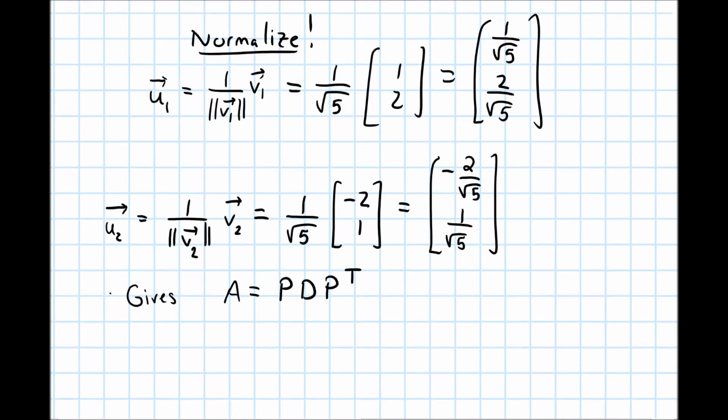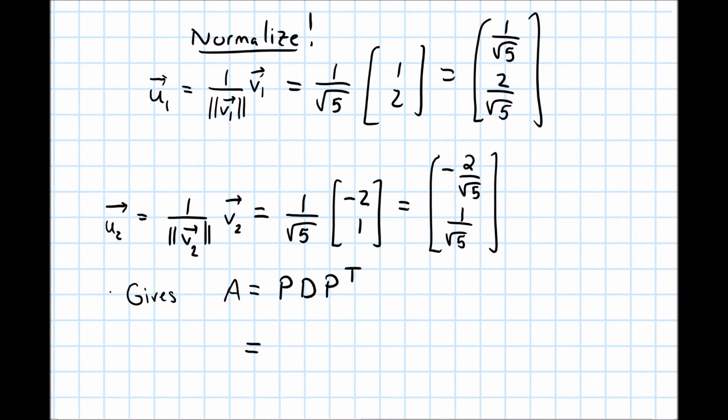So let's write down what these are. The matrix P is going to be our normalized eigenvectors written as the columns. The first one was 1 over root 5, and then 2 over root 5. The next eigenvector was -2 over root 5, 1 over root 5. I'm going to highlight these as well.